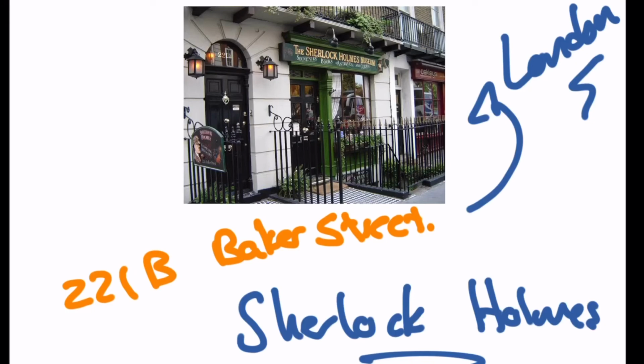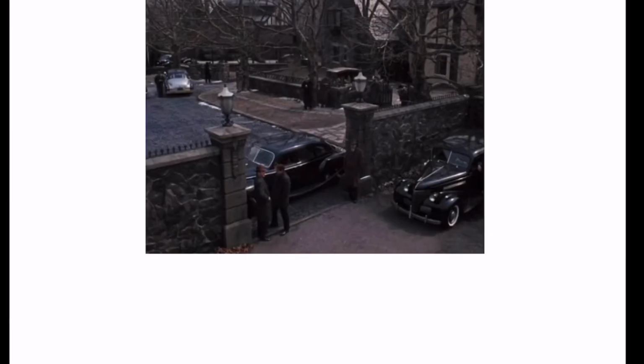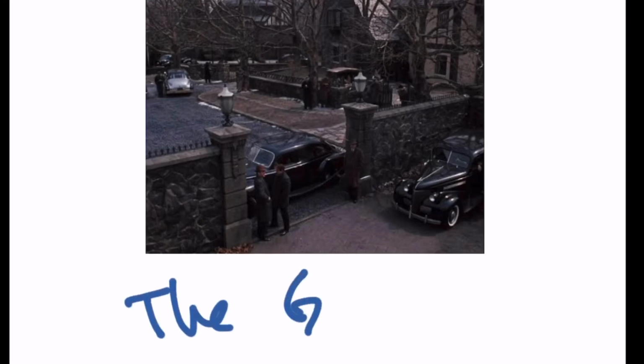The third example I picked to show you the setting in this video is a very famous movie that comes from a very famous book written by Mario Puzo, and this story is The Godfather. The picture shown on the screen is the Godfather's house in New York.